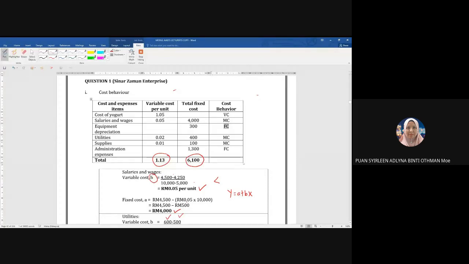Okay, so kalau kita nak form the cost function untuk this particular production, okay, so your answer will be Y equals to RM6,100 plus RM13 X. Okay.